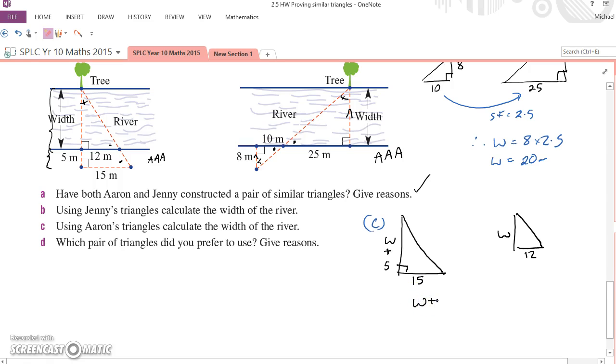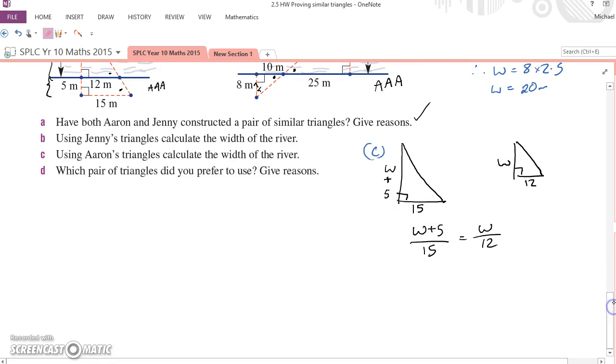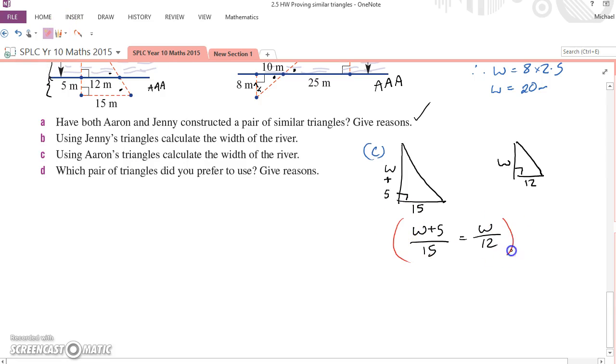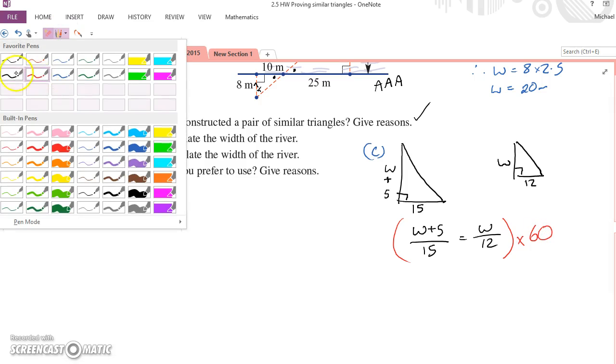So I've got W plus 5 divided by 15 equals W over 12. The sides will be in proportion, so that ratio should stay the same. We don't like those denominators, so we're going to multiply by a common denominator. 15 and 12 both go into 60, so let's multiply by that. You remember this from our very first week, how we get rid of those denominators and make our lives easier.